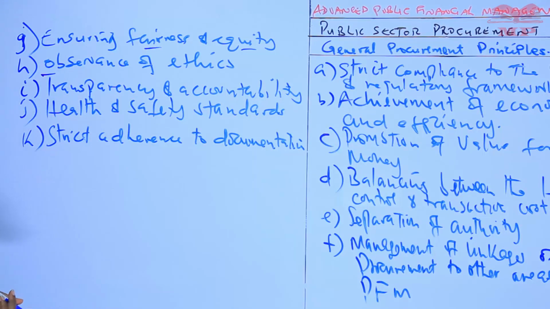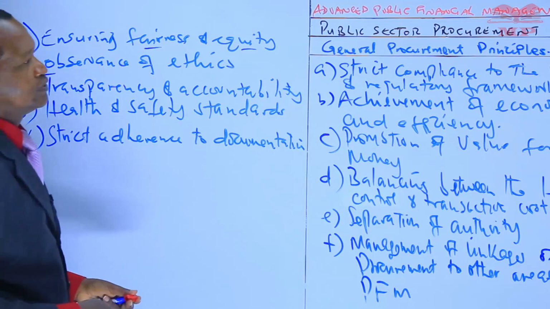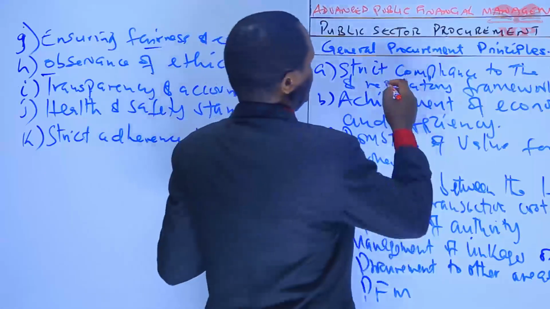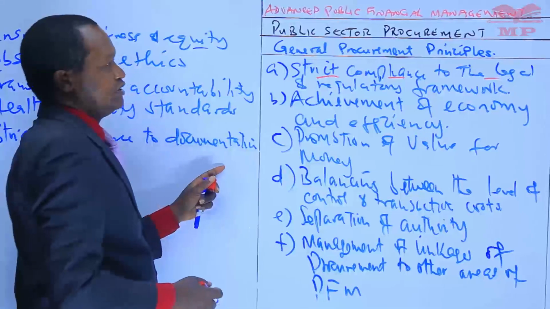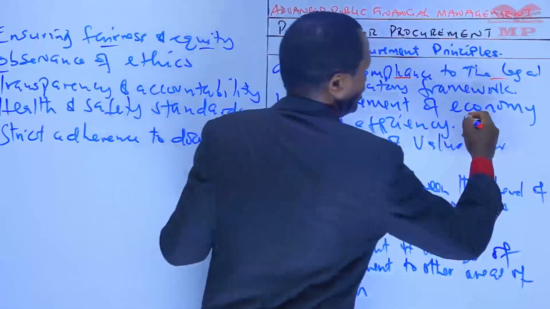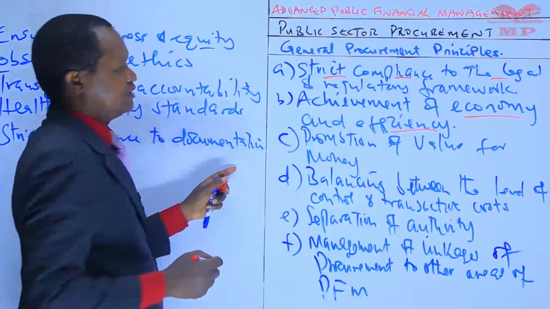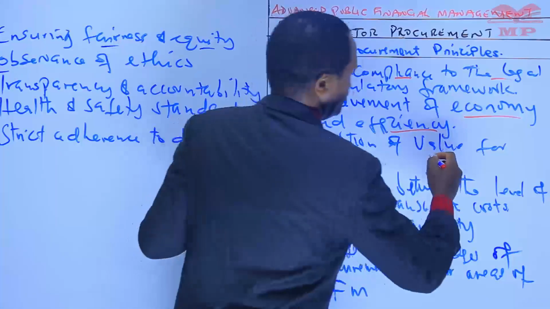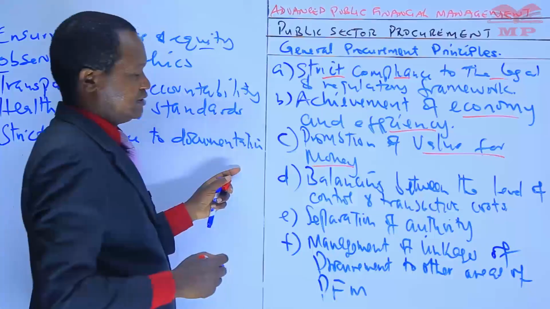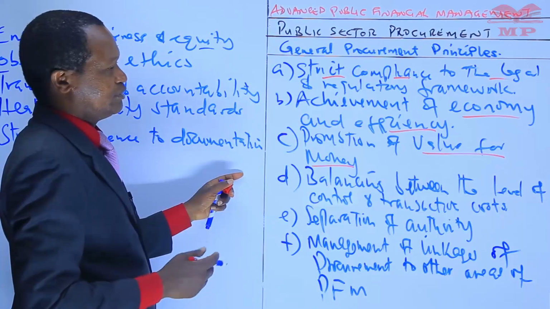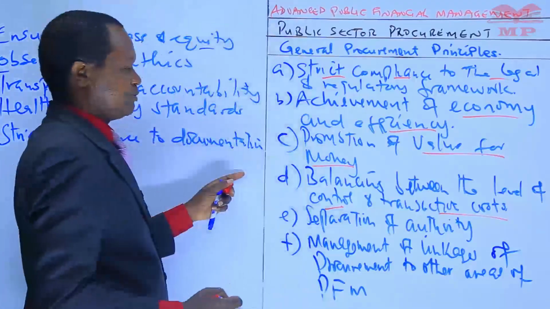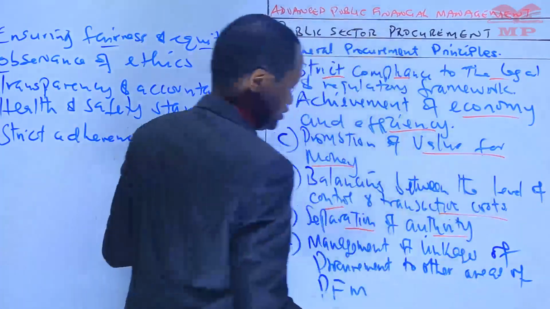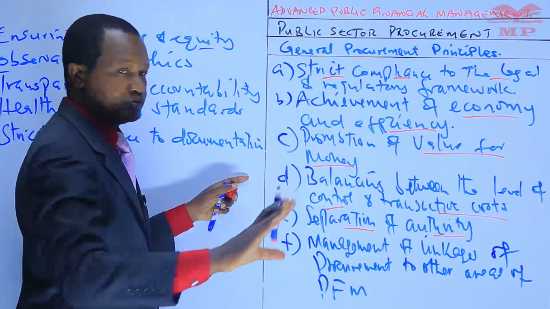So these are general principles of procurement. Number one, strict compliance to legal and regulatory framework, achievement of economy and efficiency, promotion of value for money, balancing between the level of control and transaction costs, separation of authority at all levels in the cycle, all right?